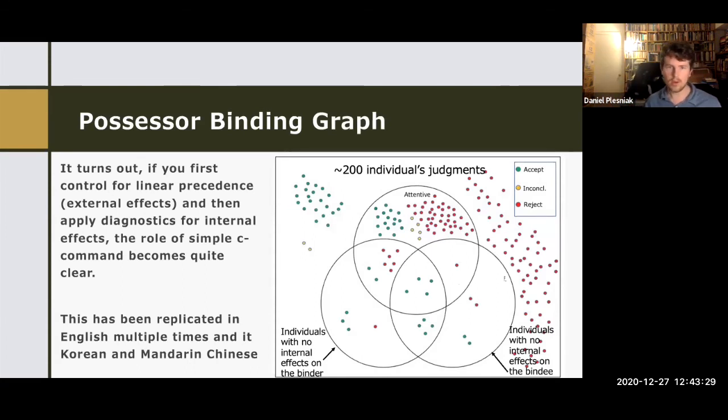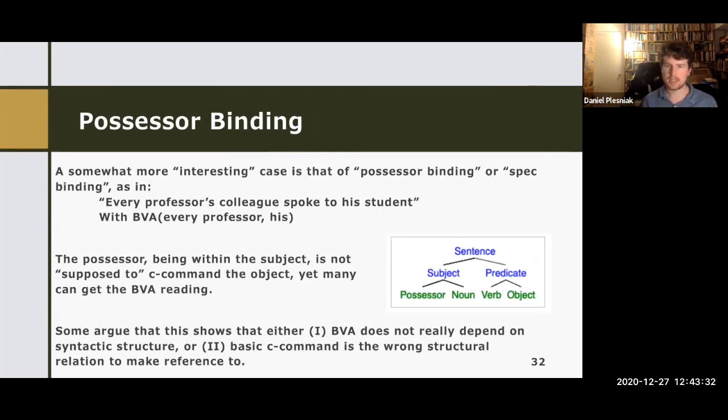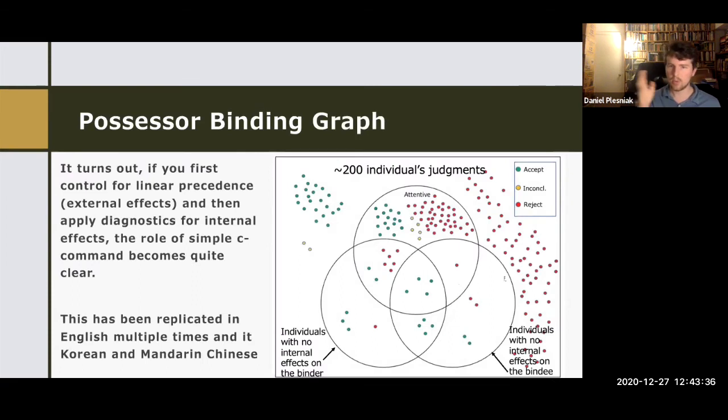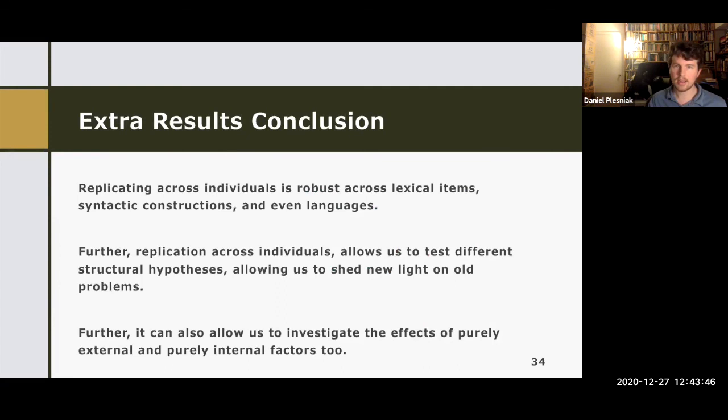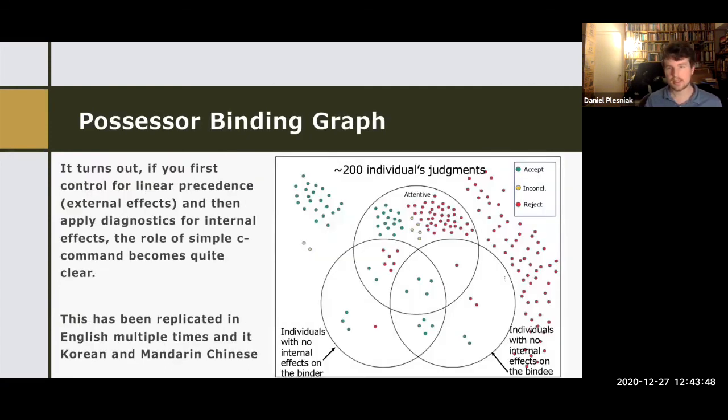So we don't need to revise the definition of C-command or say that BVA is not structurally sensitive. Again, when you look at truly structurally sensitive people, they all reject possessor binding, assuming you control for linear precedence. So this is a way that looking at things at the fine-grained individual level lets us uncover things that were maybe missed by more broad generalizations or collapsing across people and across conditions.